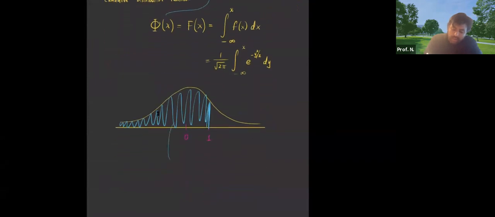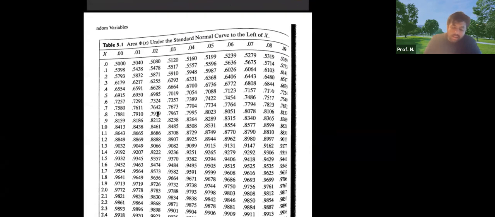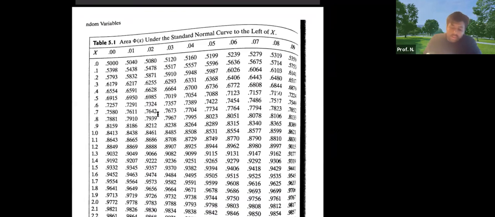So this region here is the cumulative distribution function when it's less than or equal to 1. This is like saying, what's the probability that my random variable is less than 1? And how do I compute that? I compute that by looking at this table. So this is 1.0, and this area here is 0.8413.